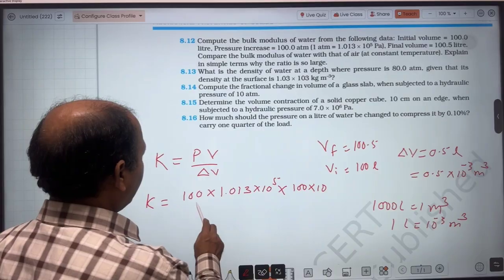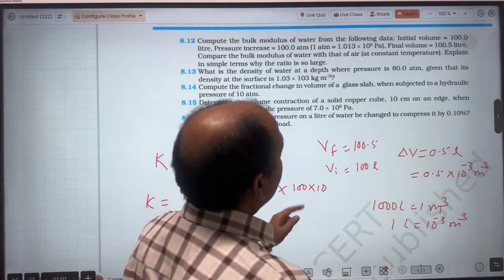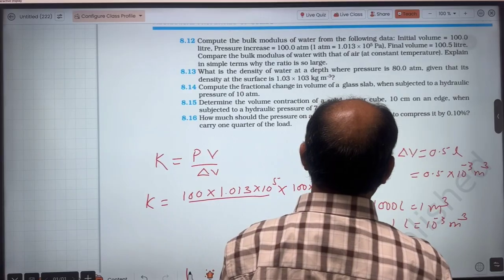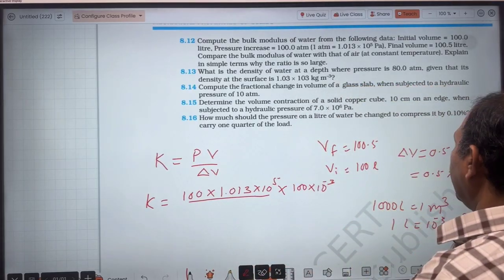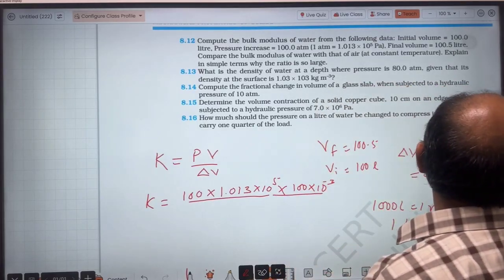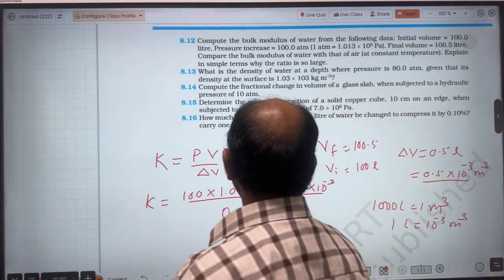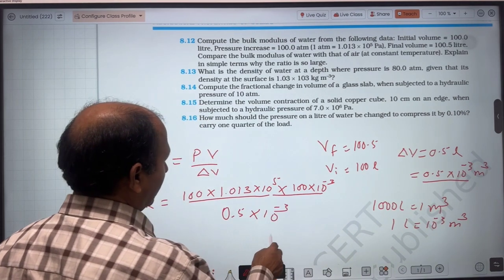So here pressure we have written, and then volume is 100 liter into 10 power minus 3, right? Whole divided by change in volume. Change in volume is 0.5 into 10 to the power minus 3.